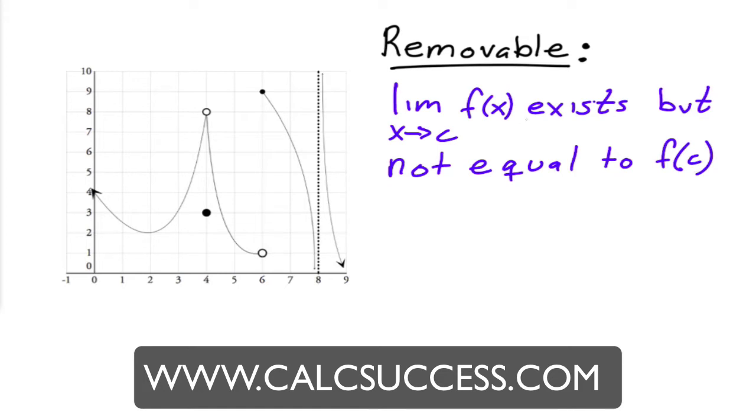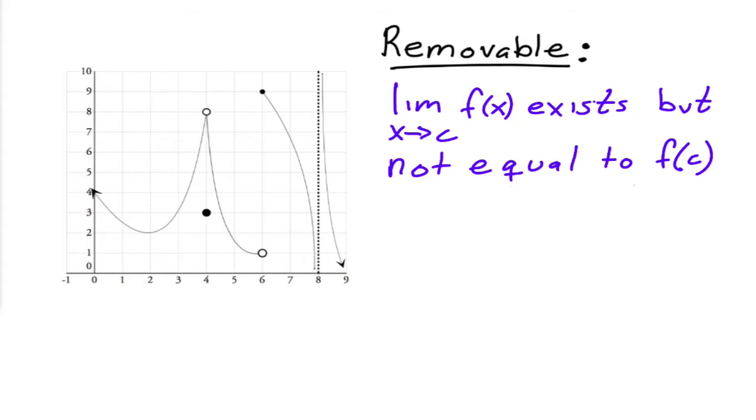So basically, if at any point the limit exists, but the limit isn't equal to the value of the function, then that's going to be a removable discontinuity.